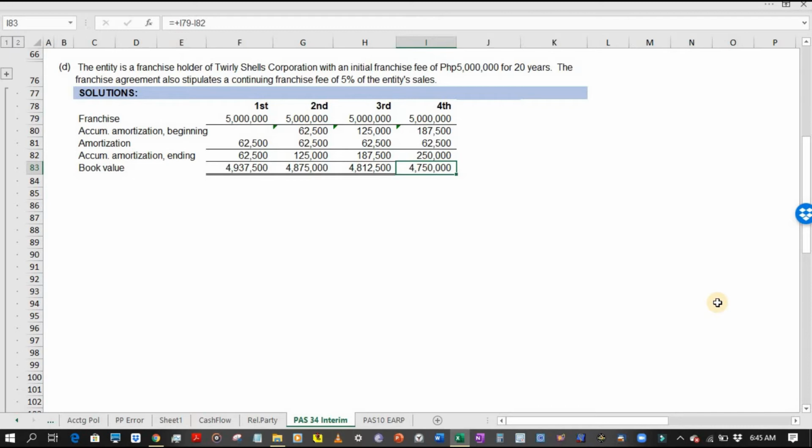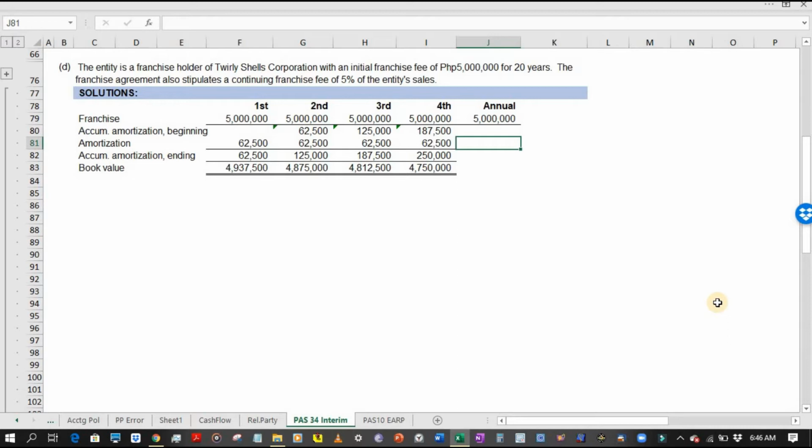So now let us compute how much will appear in the annual report. The annual report, of course, will cover 12 months, so January to December. So the franchise has a 5 million. Then at the beginning of the year, of course, there is no amortization yet, so there will be no beginning balance.